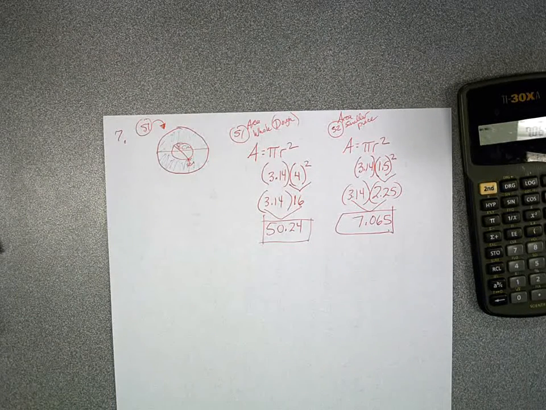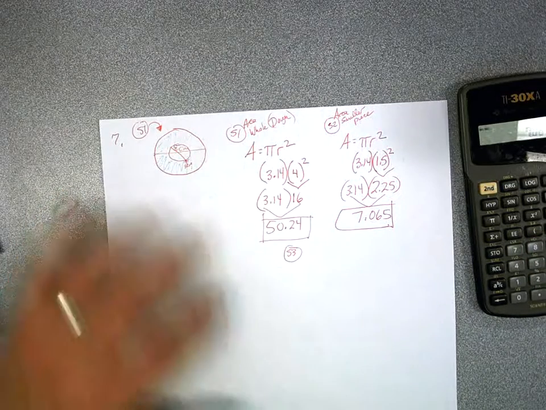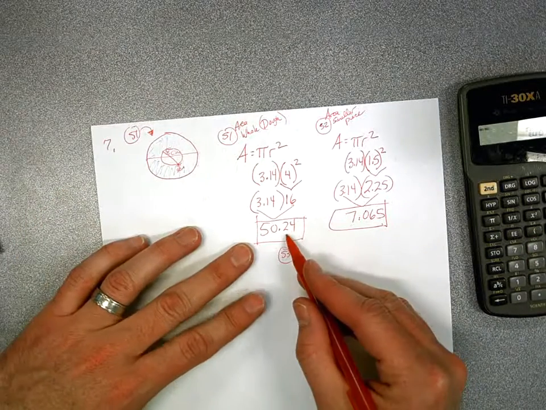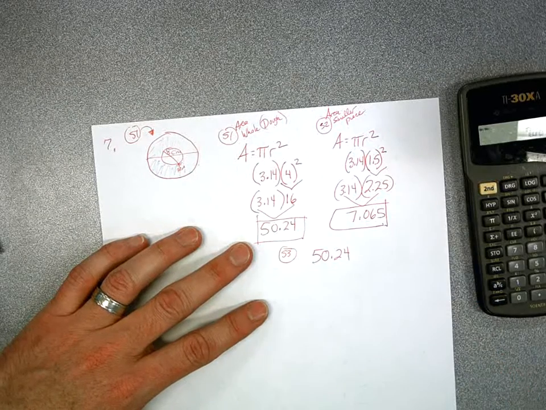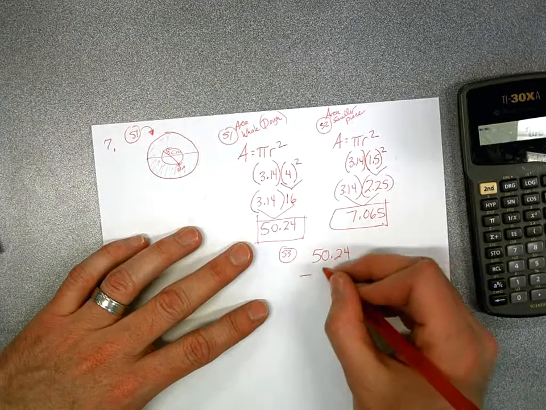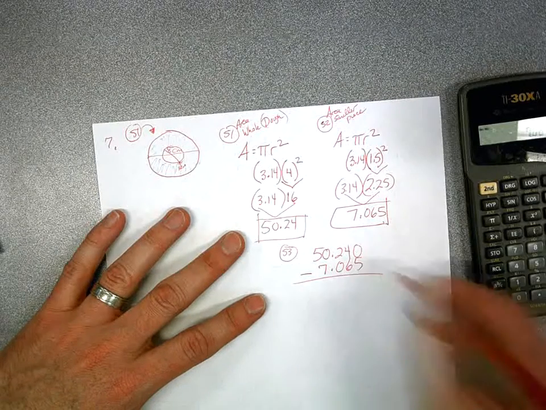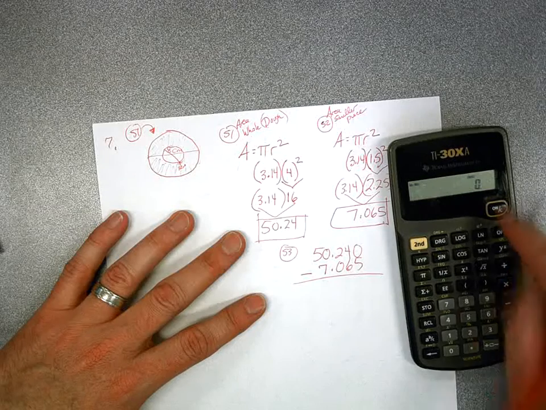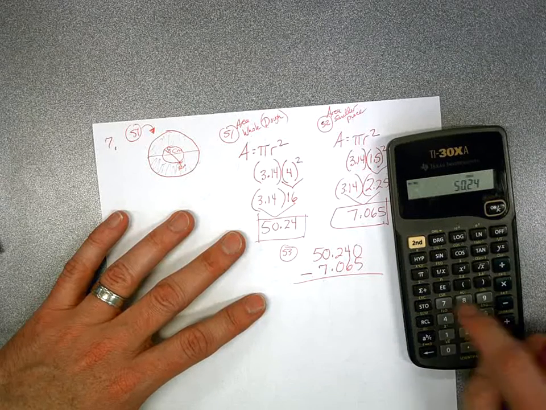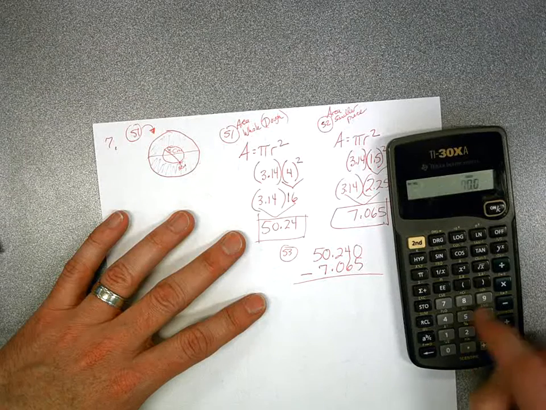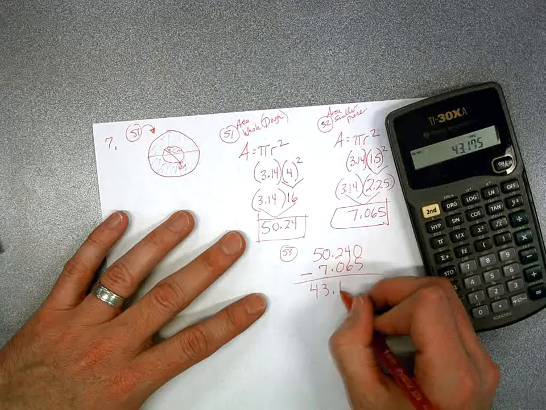Okay. So now we're going to put in effect what you guys just said a bit ago, and that is I'm going to take the area of the whole thing, and we said she's cutting out. So just like you said, I'm going to subtract, line up my decimals. Now I could do it that way, or of course if you have a calculator, right? 50.240 minus 7.065 equals, and here's what I get, 43.175.